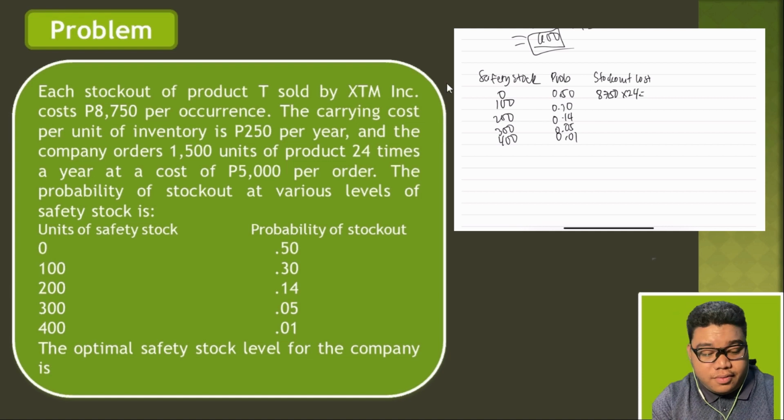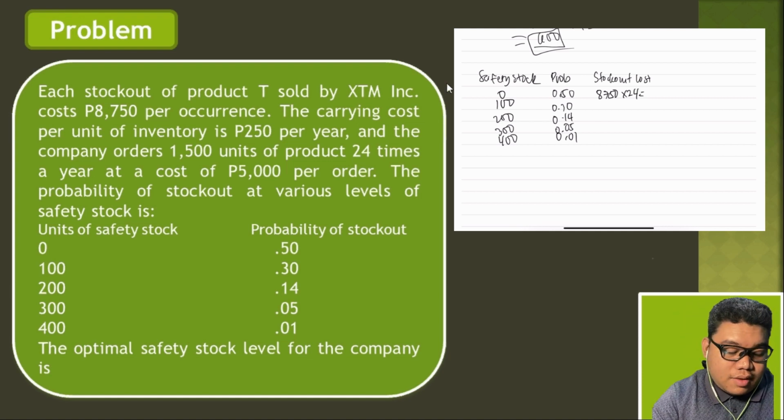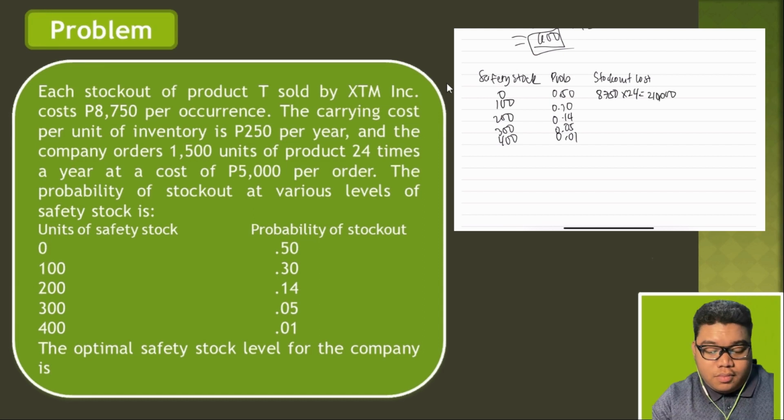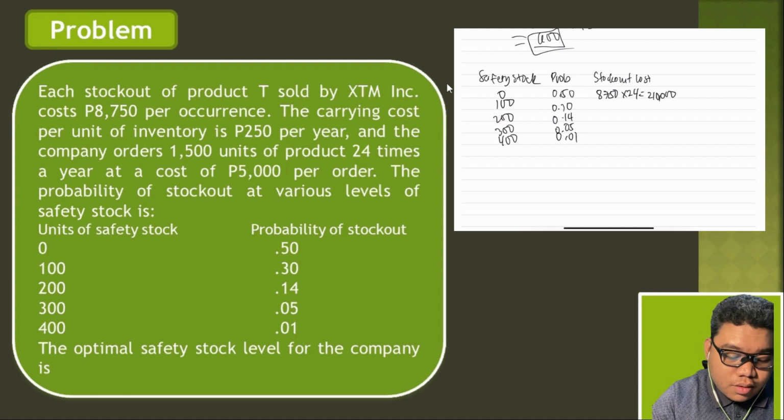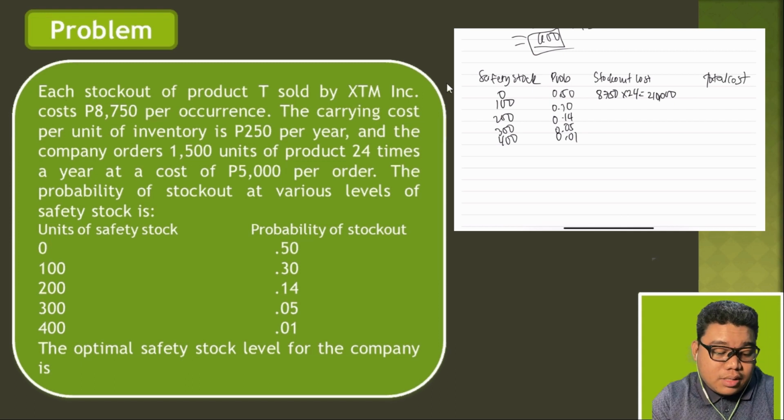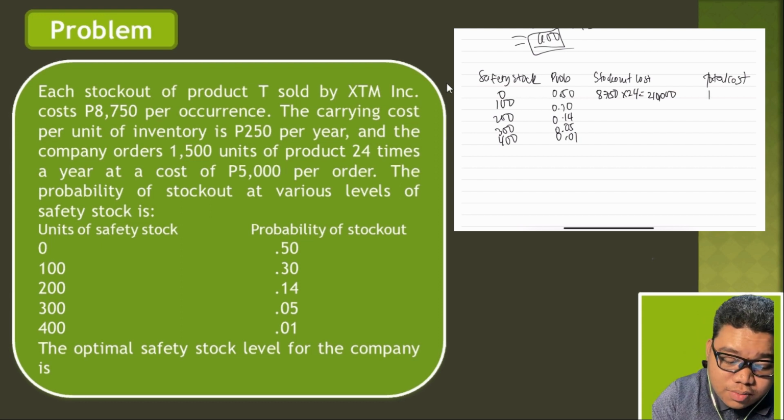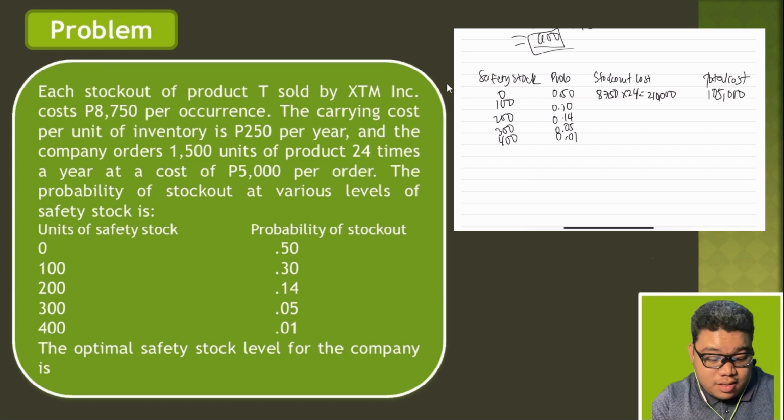So 8,750 multiplied by 24 is 210,000. So the total cost for a safety stock of 0 would be 210,000 times 0.5 or 50%, that is 105,000.